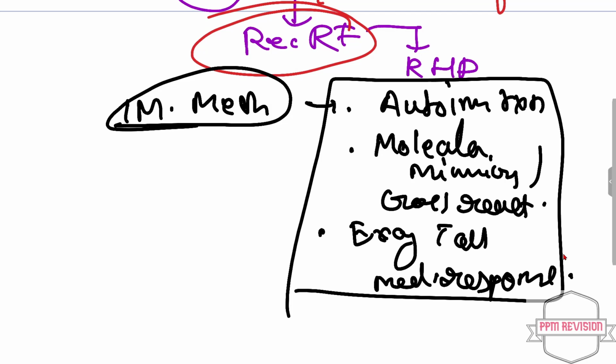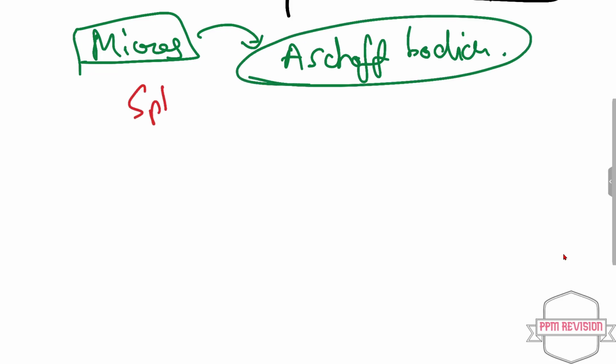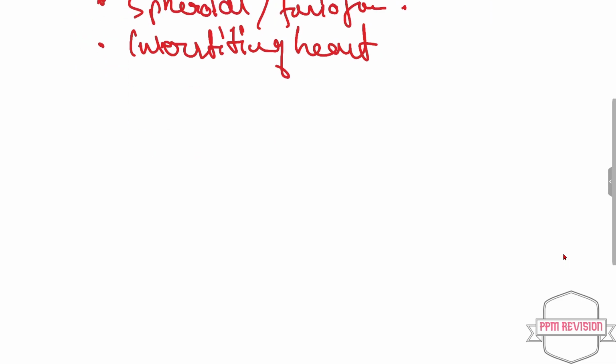Now, moving ahead, we'll be looking at what we are seeing under microscopy. An important point to be noted is the presence of Aschoff bodies. Aschoff bodies are spheroidal or fusiform in shape, and are commonly found in the interstitium of the heart, and can be visible through the naked eye.